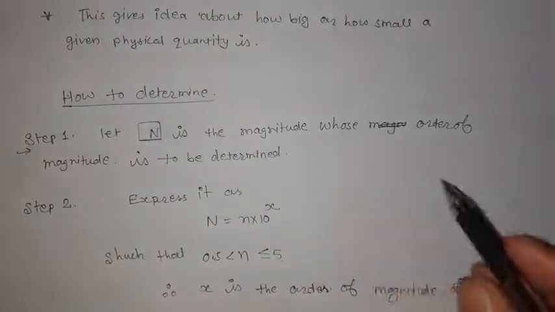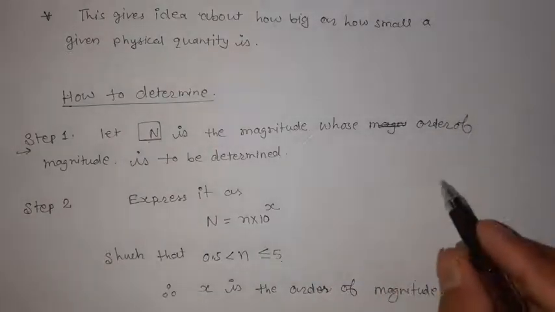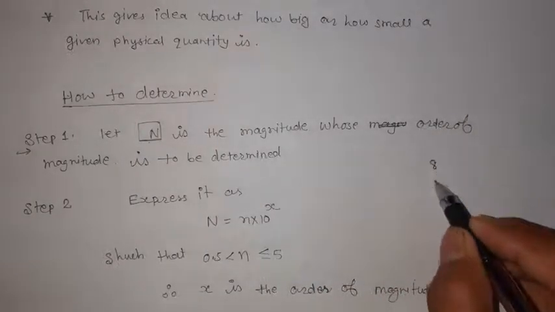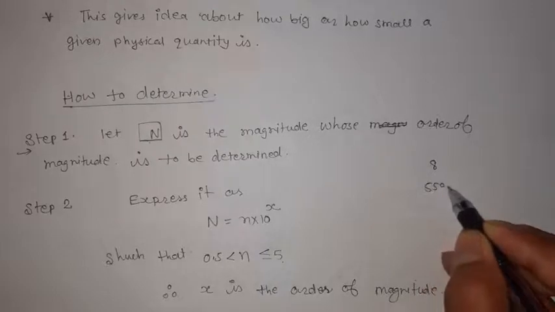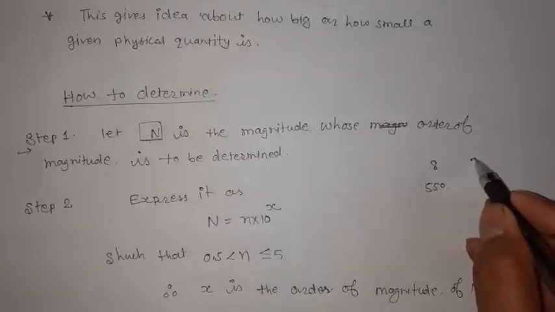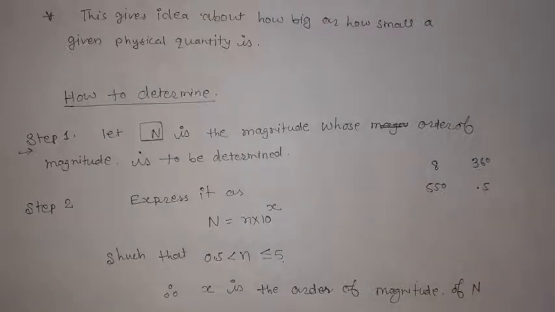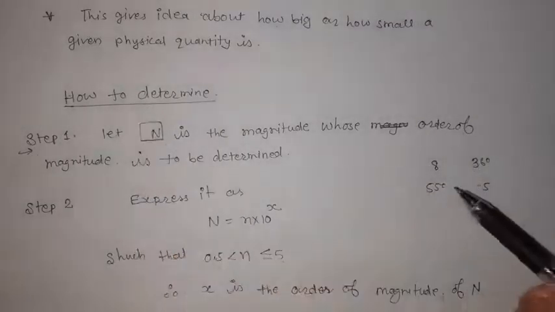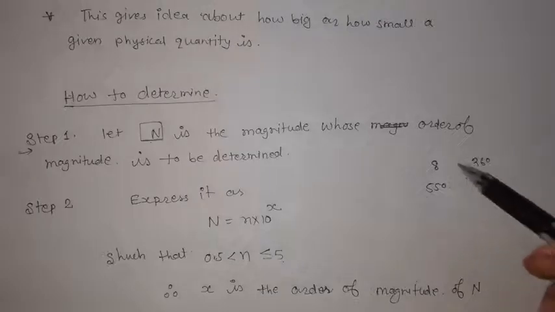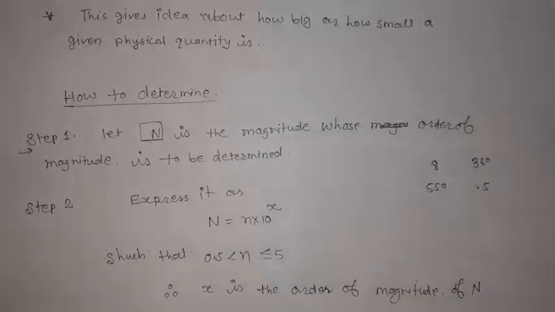Therefore n could be any number. For example, n could be 8, n could be 550, n could be 360, n could be 0.5. These could be the different values of n. So n is the magnitude of the physical quantity whose order of magnitude we have to determine.